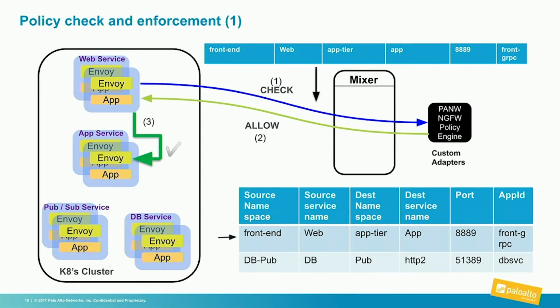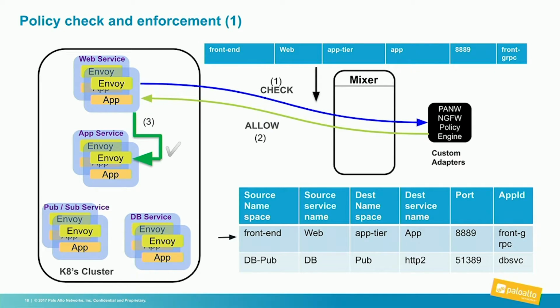So before I get into the how, this is a typical microservices deployment. You have four microservices here: a web microservice, an application microservice, a DB, and a pub sub. In this particular instance, the web microservice wants to talk to the application microservice. When that happens, the Envoy proxy performs a check call to the Palo Alto Networks Security Adapter to say, hey, I have the web service in the front-end namespace that wants to access the app service running in the app tier namespace on this protocol with this particular application ID.